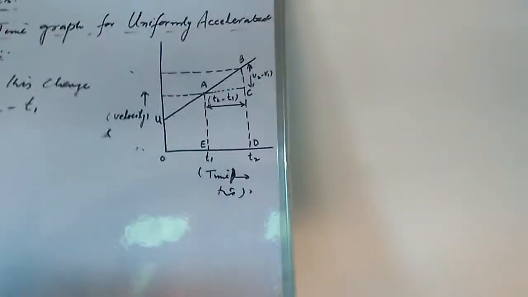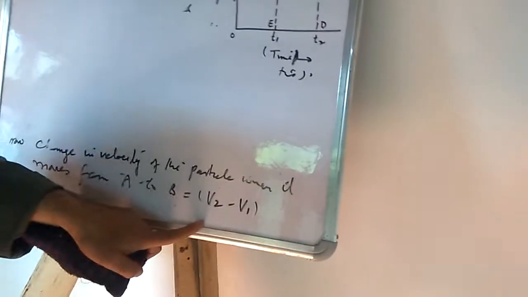That means the change in velocity is V2 minus V1, and that change takes place in a time interval of t2 minus t1.